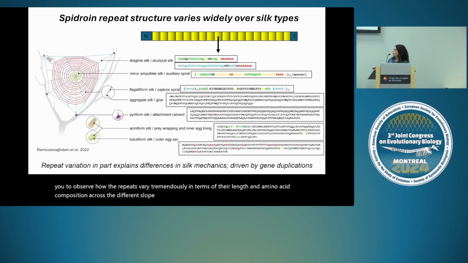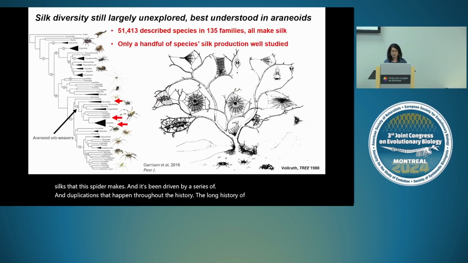And so it's thought that this repeat variation is what's basically explaining the great mechanical divergence that's exhibited by the different silks that this spider makes. And it's been driven by a series of gene duplications that happened throughout the long evolutionary history of spiders.